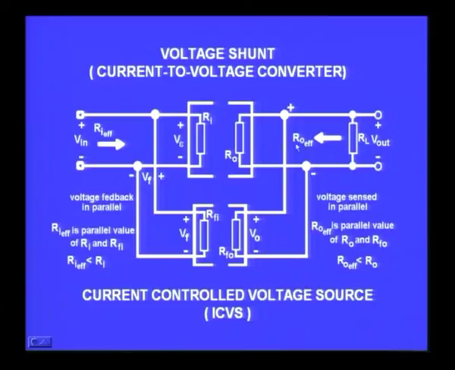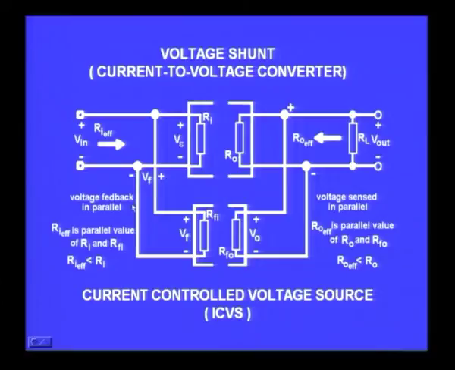Therefore the effect of this feedback arrangement on the output resistance is to decrease it. That is what is shown here. Voltage sensed in parallel, so the effective output resistance is the parallel value of R output and RF output, where RF output is the resistance of the feedback network, Thevenin's resistance as seen from the output side. So R out effective will be less than the previous RO without feedback. That is a consequence of this feedback.